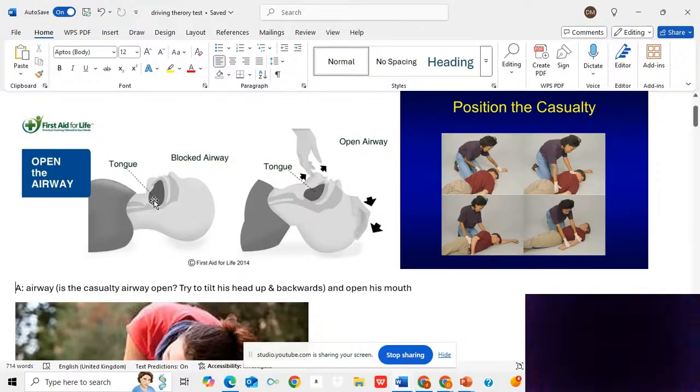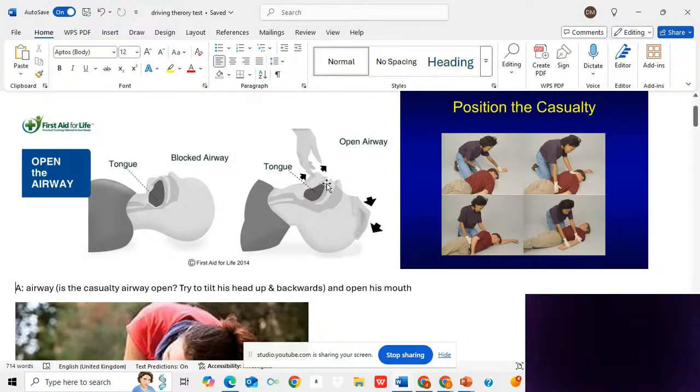So you need to try to open the airway, to check his airway, by trying to open his mouth and trying to tilt his head upwards and backwards, and to raise his chin upwards and tilt his head backwards.